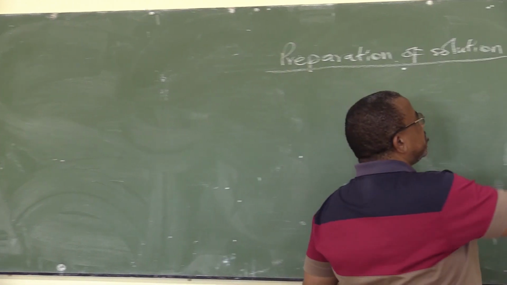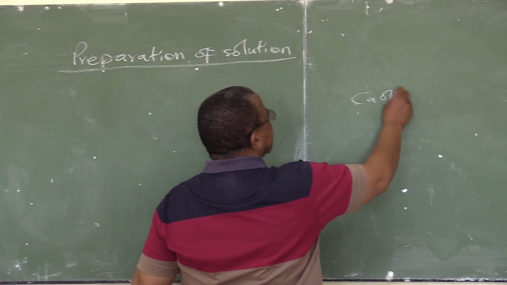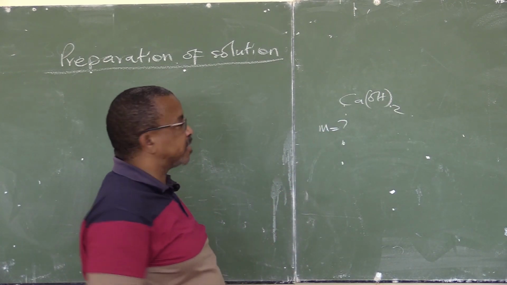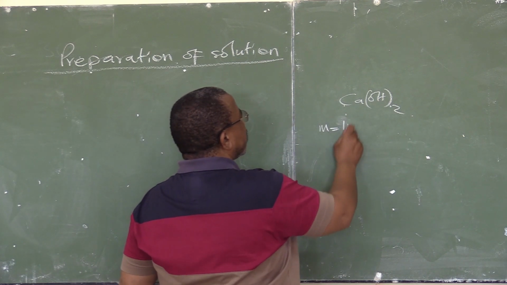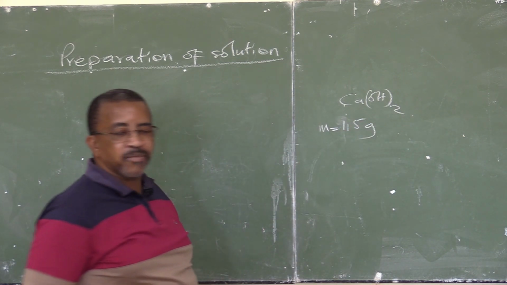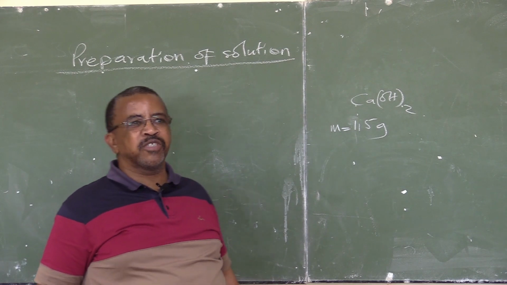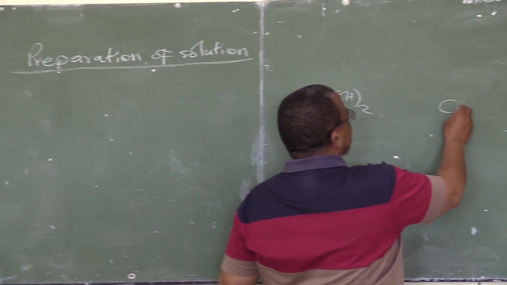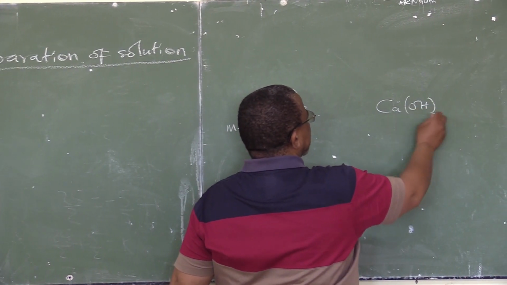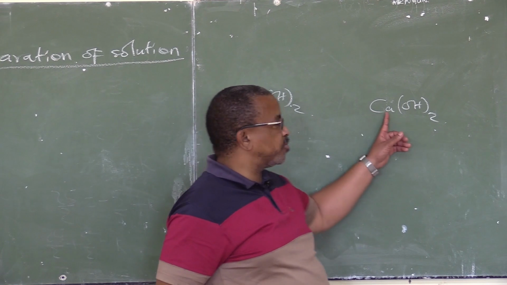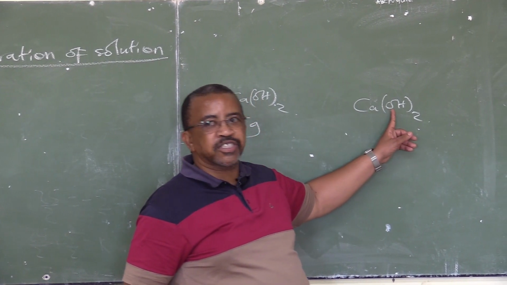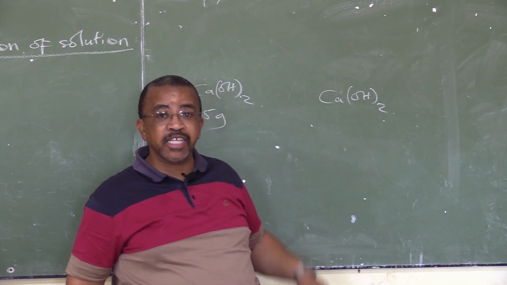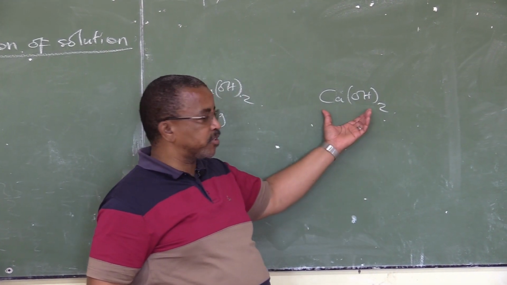If you are given, for example, calcium hydroxide, let's say you are given the mass of 1.5 grams of calcium hydroxide. So how many moles is that? If you remember well, we said this calcium hydroxide is made up of an atom of calcium, an atom of oxygen and an atom of hydrogen. When they are together they make a molecule of calcium hydroxide.